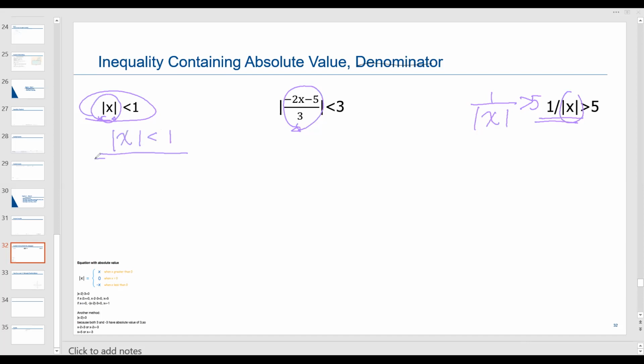We talked about this a little bit. Definitely this is a positive number, because any number's absolute value is greater than or equal to 0. So we can say this is greater or equal to 0, right?